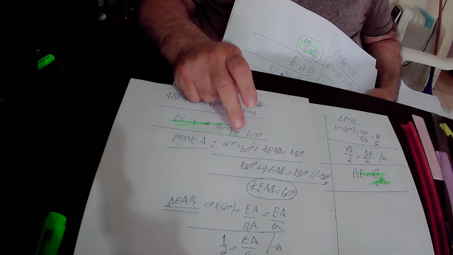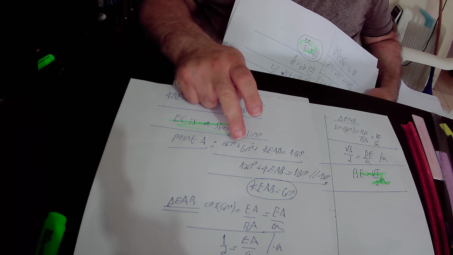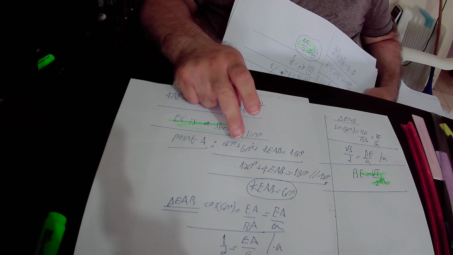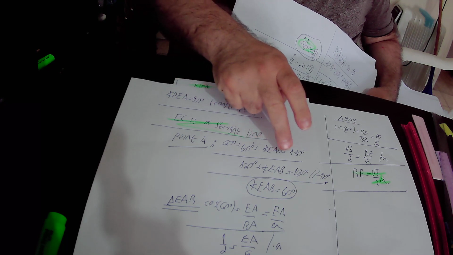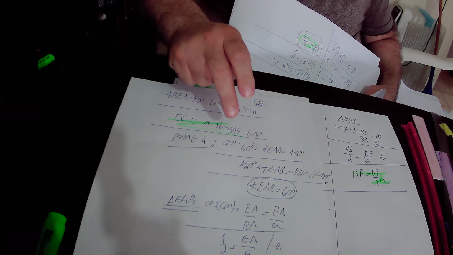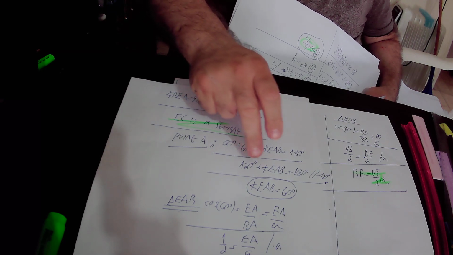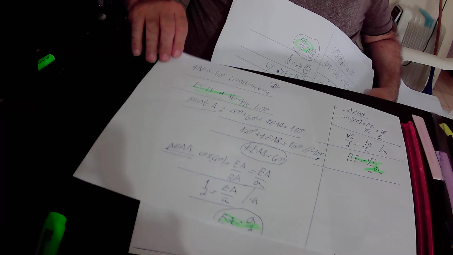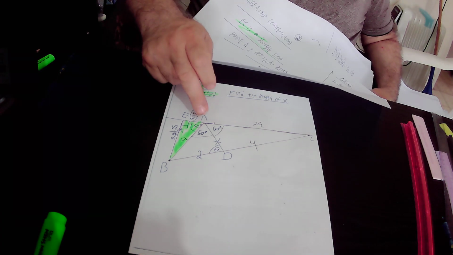So 60 degrees plus 60 degrees is 120 degrees, and 120 degrees plus angle EAB equals 180 degrees. We subtract 120 degrees and find that the missing angle EAB equals 60 degrees. So this angle equals 60 degrees.